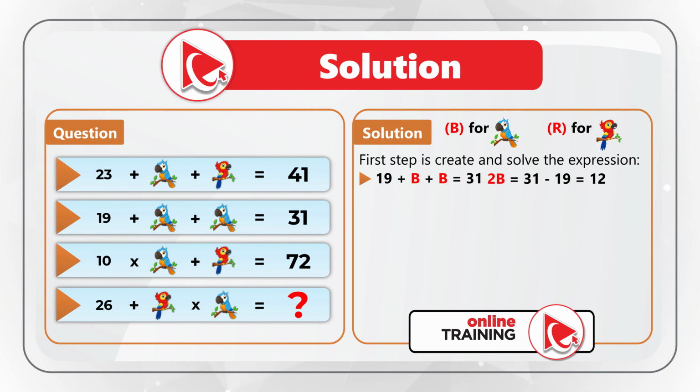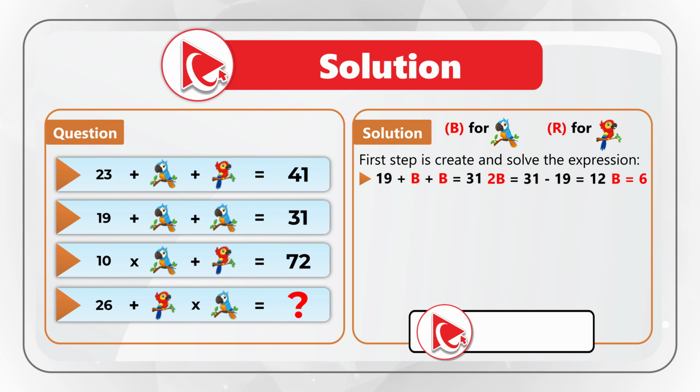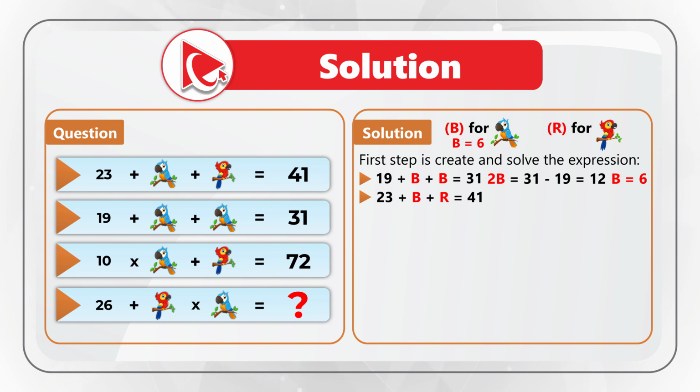Wait, once we solve it, we see that B, blue parrot, equals 6. Knowing the value for blue parrot, we can solve the first expression. 23 plus B plus R equals 41, which means that 23 plus 6 plus the missing variable R equals 41. After the calculations, R equals 41 minus 29 equals 12.